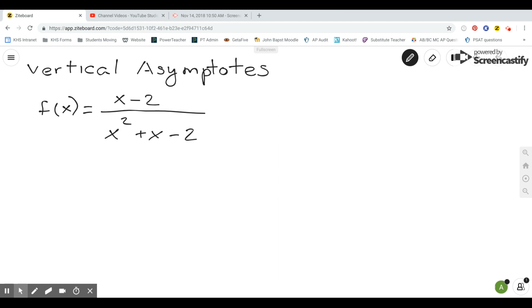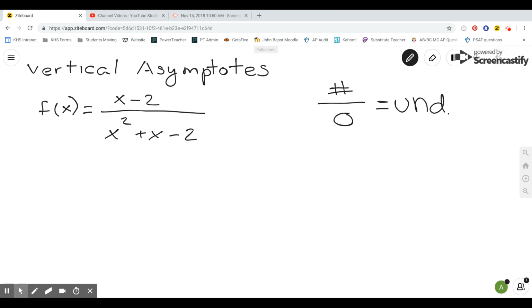So what x values that you may plug into this function will result in undefined. And so how we figure this out is I know that if I divide by 0, I am going to get undefined.